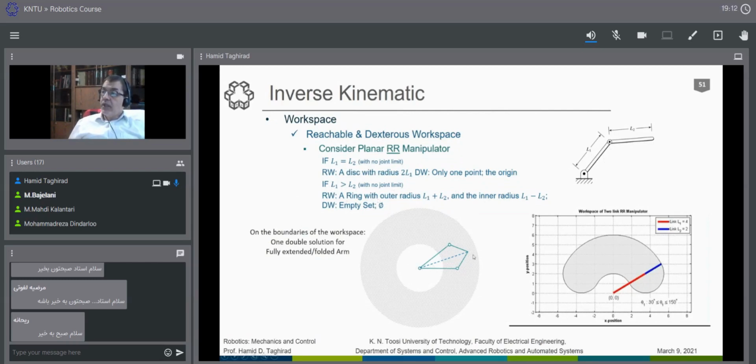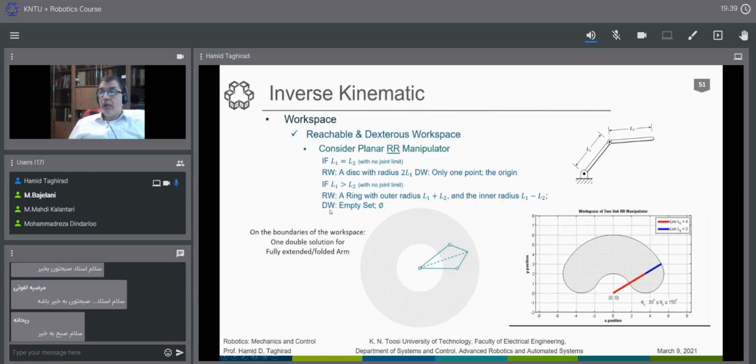As you see, each point here can be reached by the manipulator. If it is fully extended, we have radius L1 plus L2. And if it is fully folded, we have L1 minus L2 as the inner radius. It can be found quite intuitively.